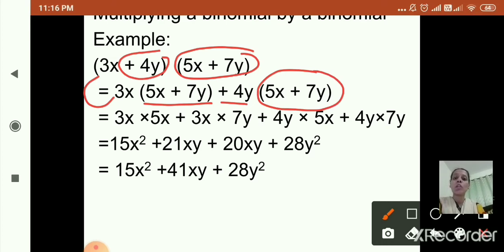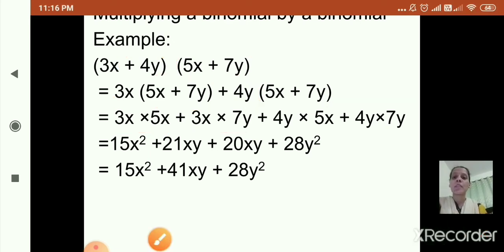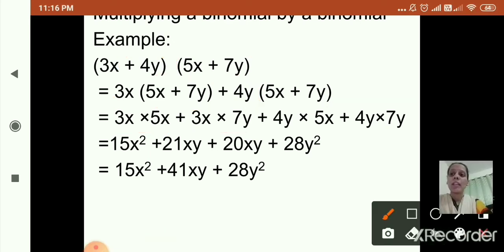Okay, now we will do the multiplication. 3x multiply by 5x, and in between plus sign, 3x multiply by 7y. Outside the bracket there is 3x and inside the bracket 5x plus 7y.